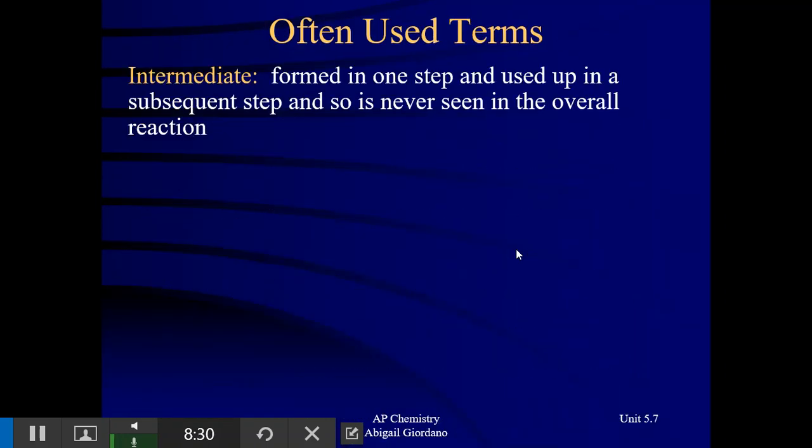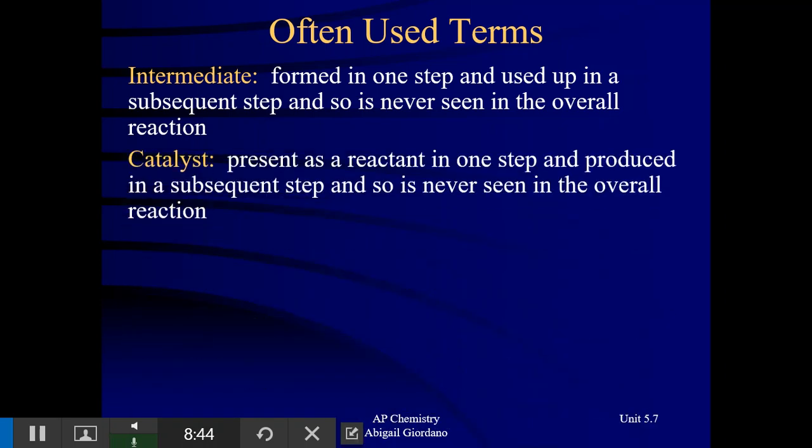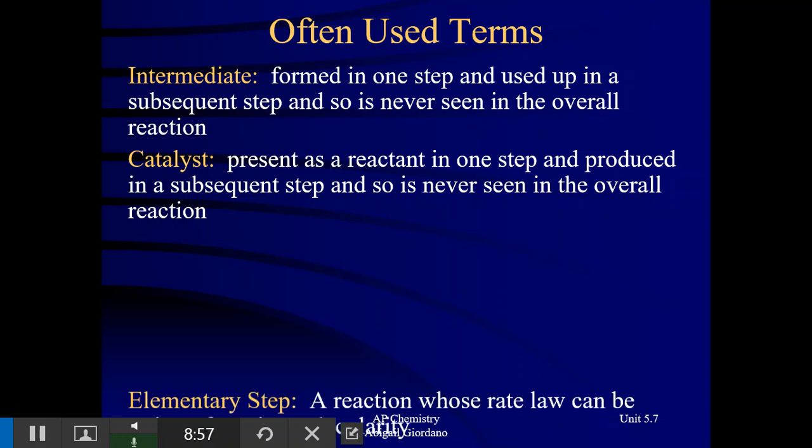All right, so let's just review those terms. An intermediate is something that is not found in the overall reaction, but it's formed as a product first and then consumed as a reactant later. A catalyst is also canceled out, not found in the overall reaction, but it is found as a reactant first and a product later.